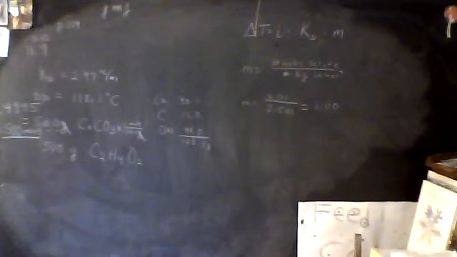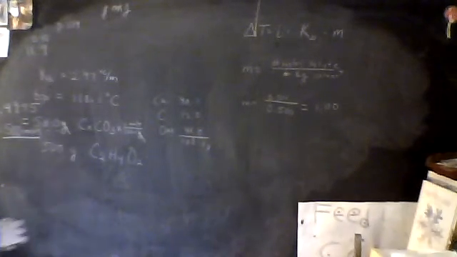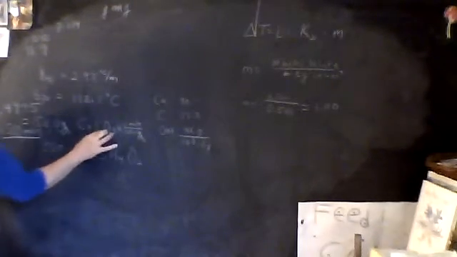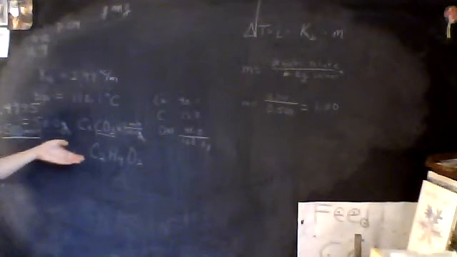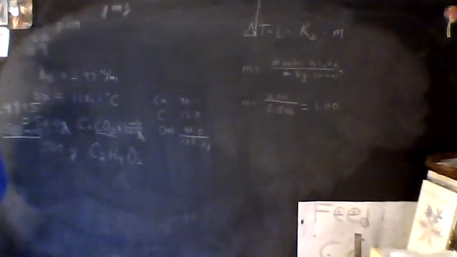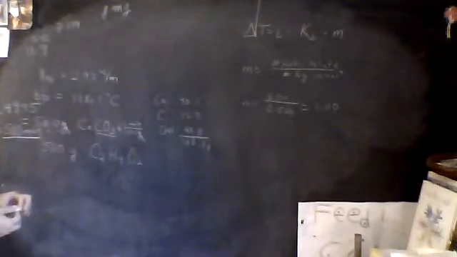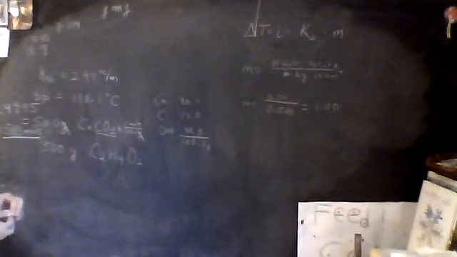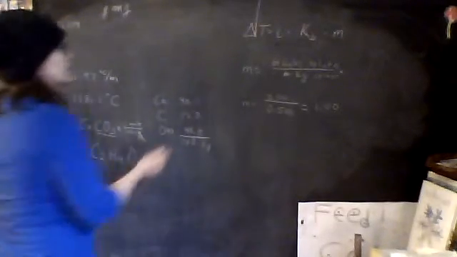Calcium carbonate is an ionic compound. It's going to split up into the calcium and the carbonate. That's one of the reasons you have to memorize all those polyatomic ions, so you'll be able to recognize when an ionic compound breaks up, it's going to break up into that polyatomic ion. So it's 2.